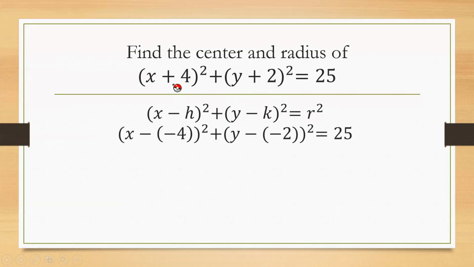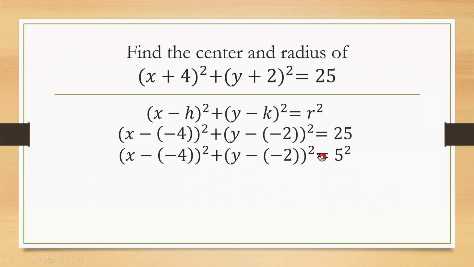Since x plus 4 can be written as x minus negative 4 and y plus 2 can be written as y minus negative 2, we do this so that we can easily determine our h and k, and then we will transform 25 into its squared form, which is 5 squared.